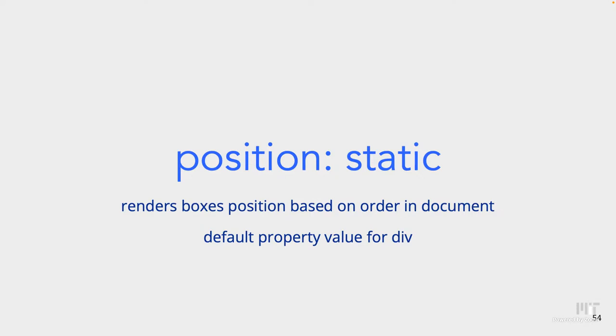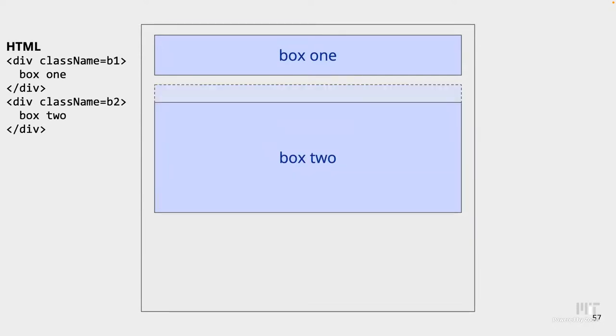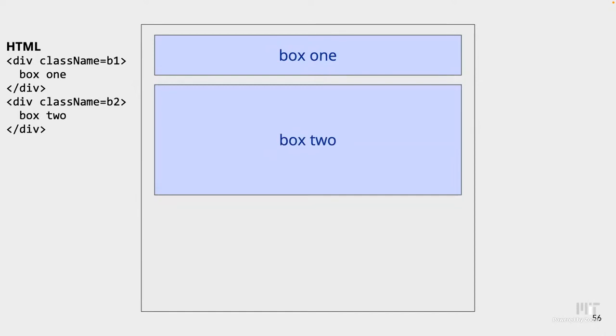And that's where it will remain relative to the elements around it. If we have an example like this, where you have 2 different boxes, one on top of the other in the HTML code, they're positioned statically, and nothing happens.